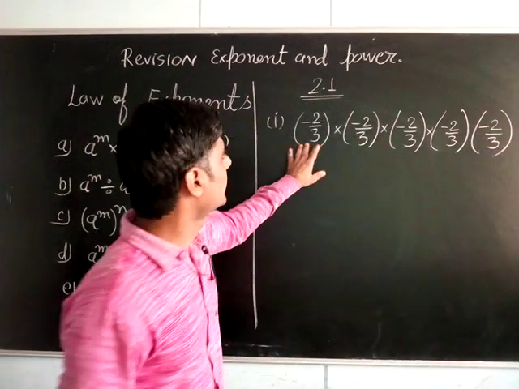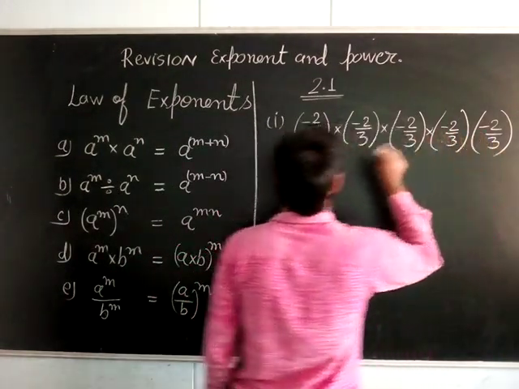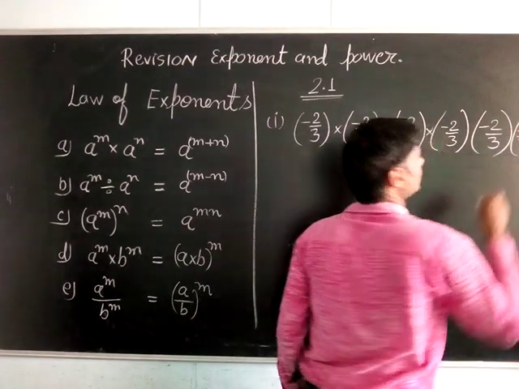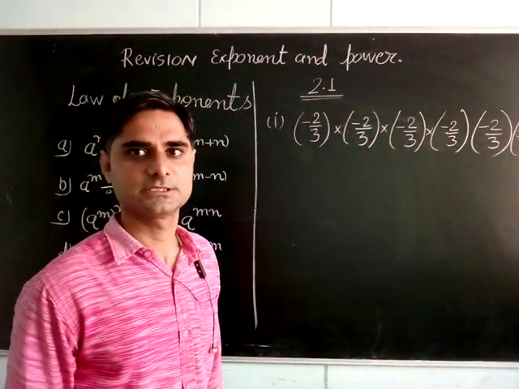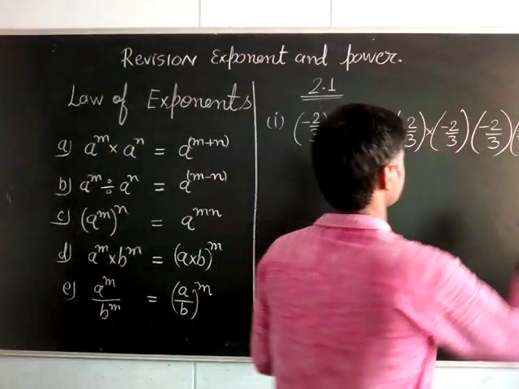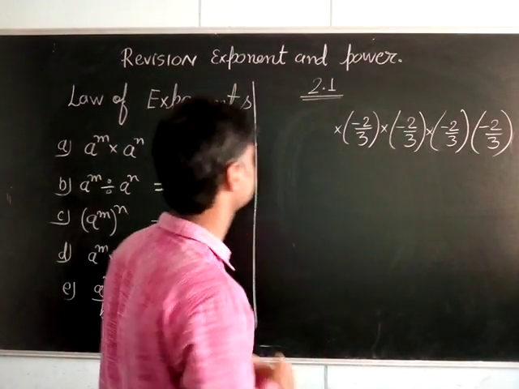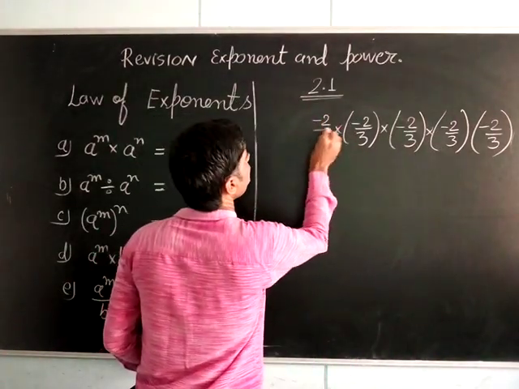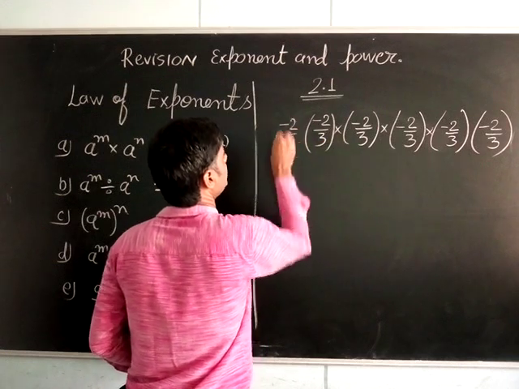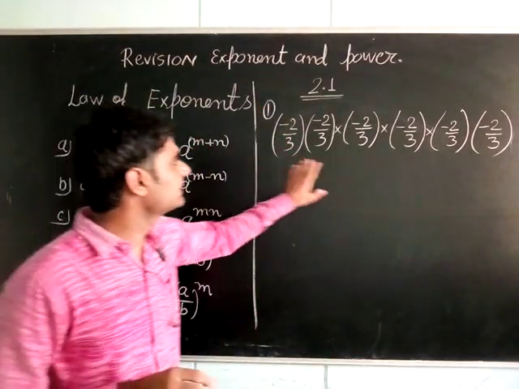Like this, 1, 2, 3, 4, 5, one more time is there. So I write here minus 2 upon 3. Visible? Not visible, right? Okay, I write this in this side. It is 6 times. This will be minus 2 upon 3, and here also minus 2 upon 3. This is the first question. They are multiplying each other.